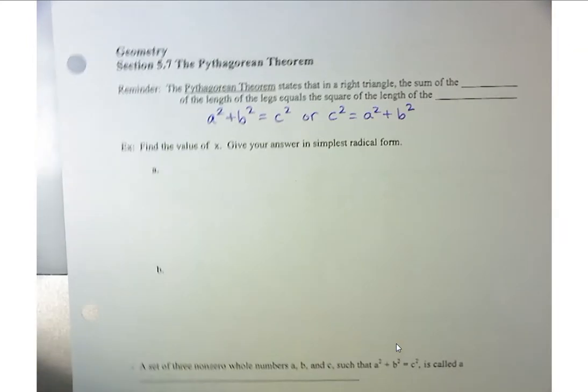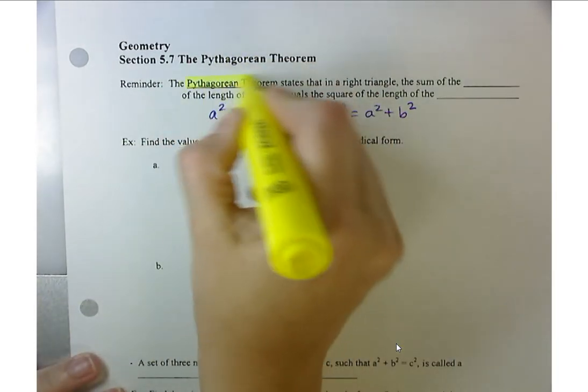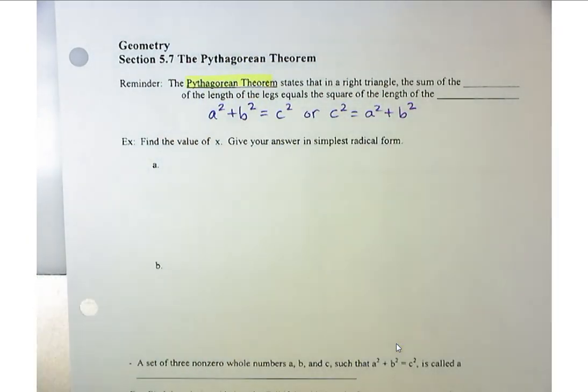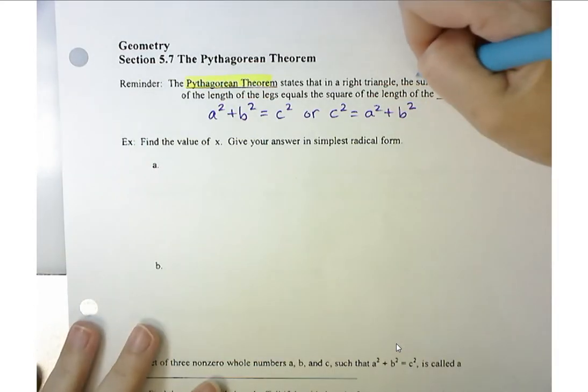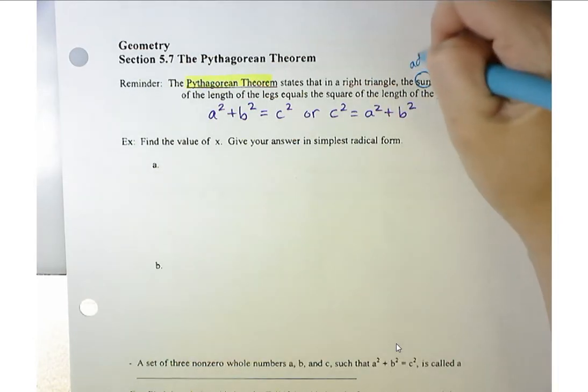So the Pythagorean theorem states that in a right triangle, the sum, and if we have a sum, Baron, what is a sum? When you add up two measures. Okay, the result when you add two things together. So the sum is what you get when you do addition.